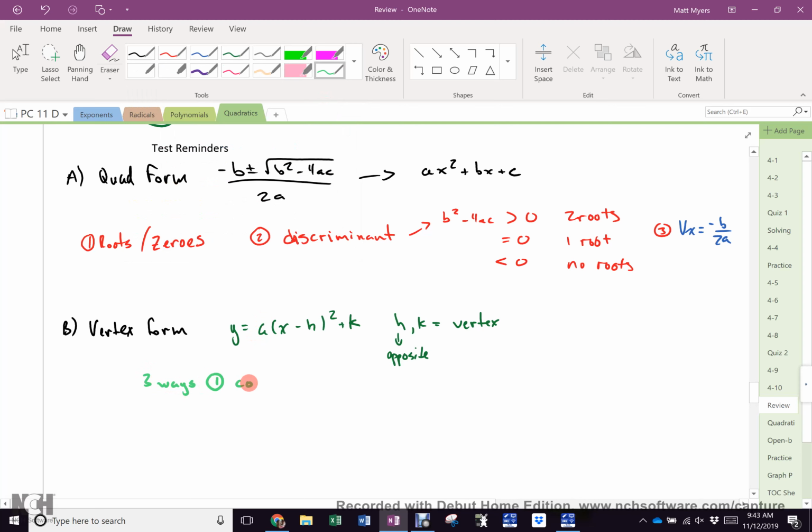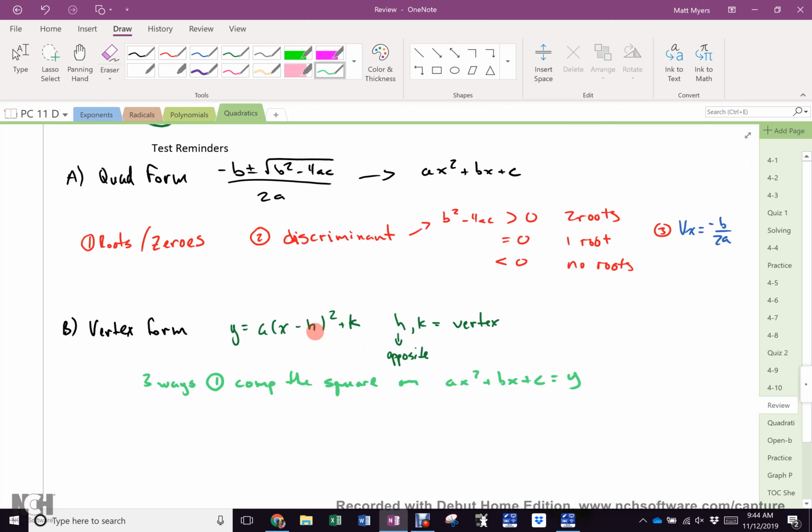One, you can complete the square on ax squared plus bx plus c equals y. Complete the square on that, you get to here. Right? Everybody's good with that? Does anybody need more than that?